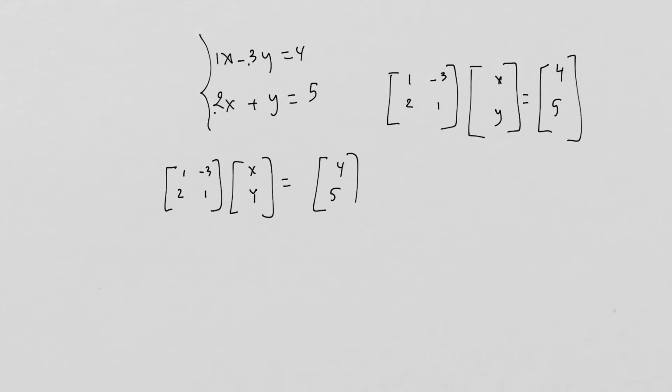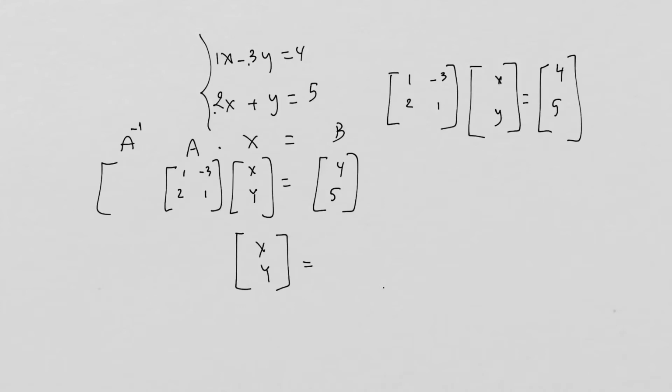In order to find xy, you need to get rid of this matrix A. Let's call it A, and this is x, and this is B. So AX equals B, okay? In order to get rid of A, you multiply A by A inverse.